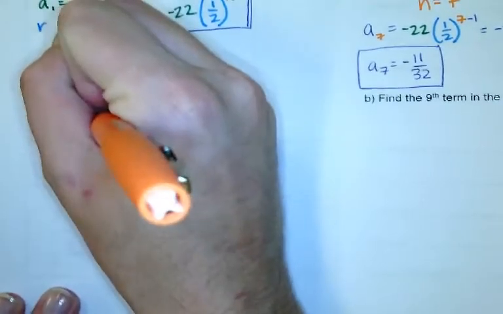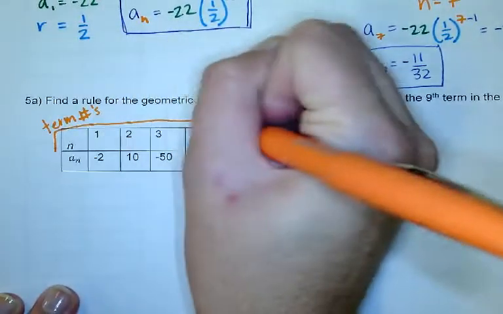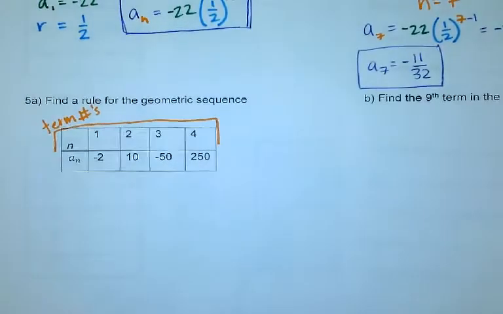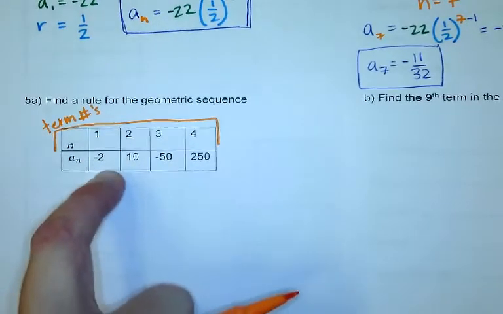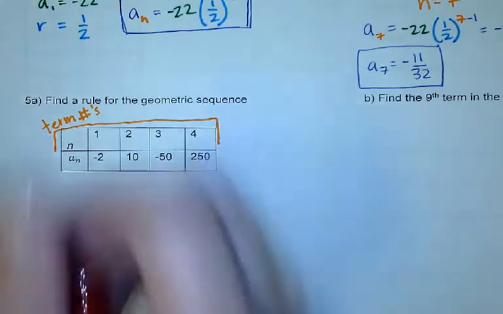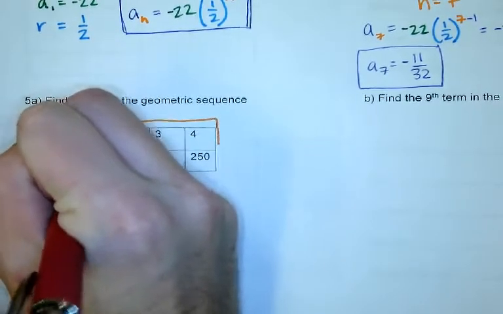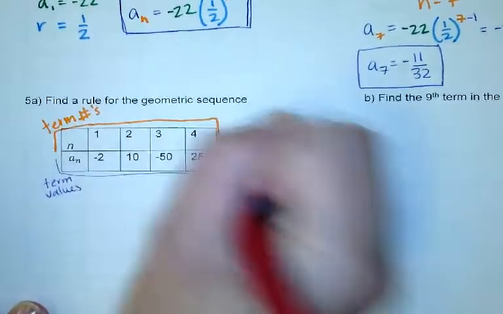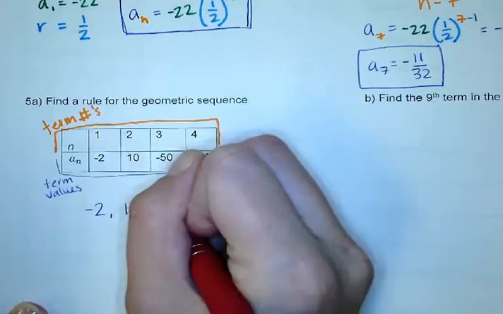So this is term number 1 is -2. So these guys down here are your term values, all right? So guys, my terms are -2, 10, -50, and 250. Do y'all feel good about that? So those are my actual terms.